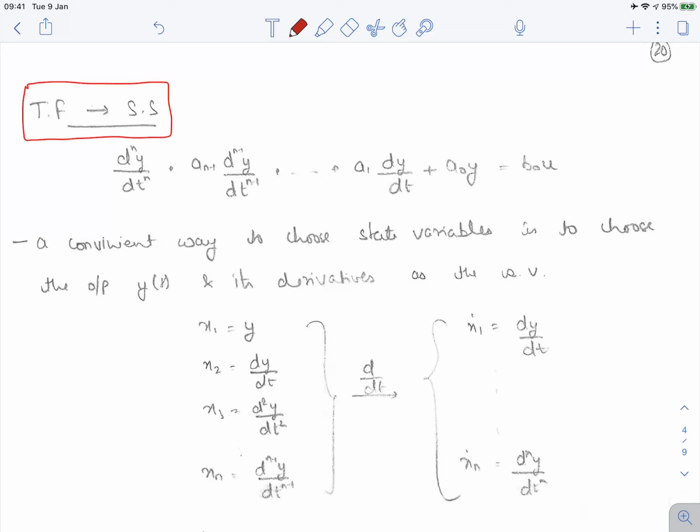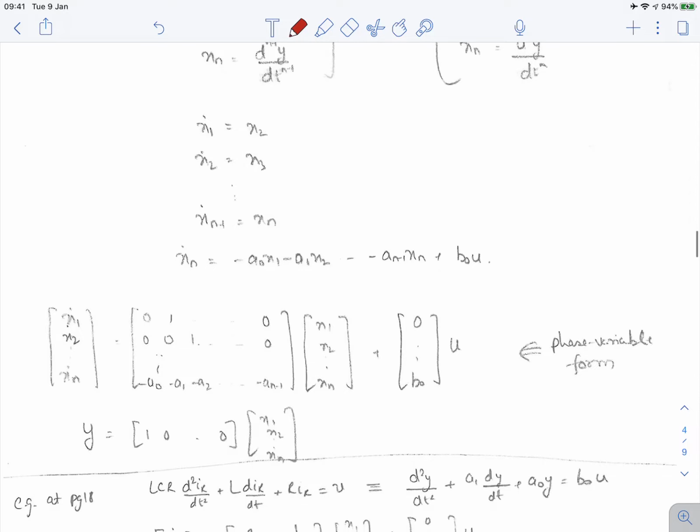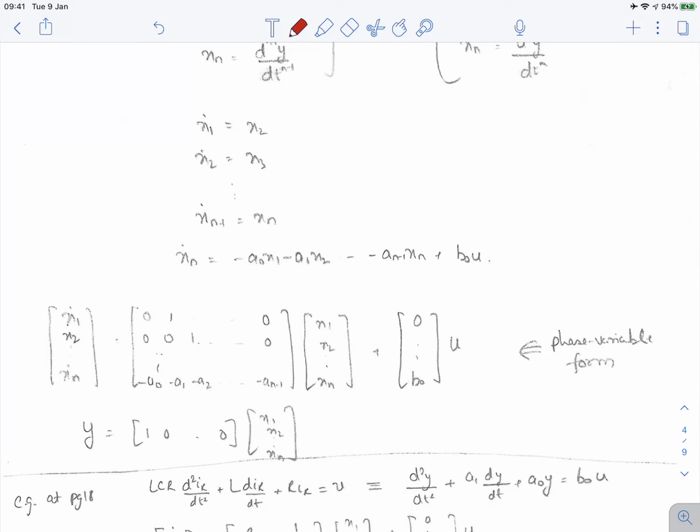Now, this mapping u to y could be a higher order differential equation. So the idea is to choose some internal variables which we call the states, and using those internal or auxiliary variables, I come up with a compact representation where I am using only the first derivative instead of the higher order derivatives.